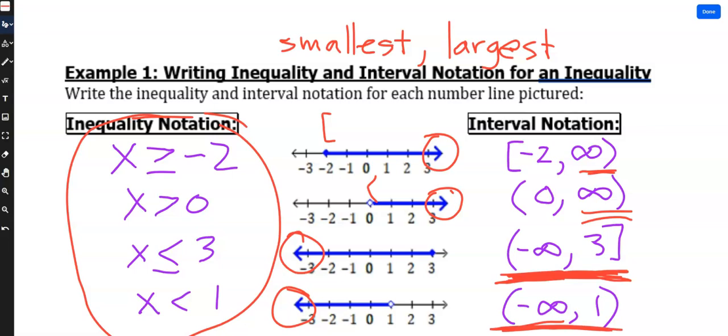The smallest values are on the left, the largest values on the right. Okay? So in interval notation, bracket means closed, parenthesis means open. Of course, the inequality notation is probably the one you're more familiar with. Greater than or equal to, greater than, less than or equal to, less than.